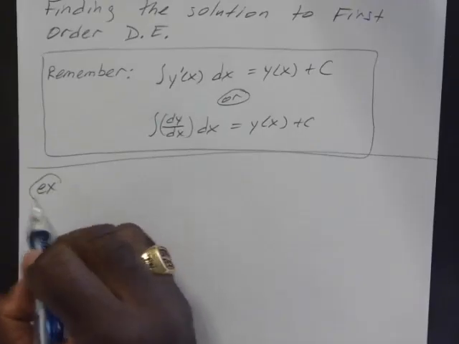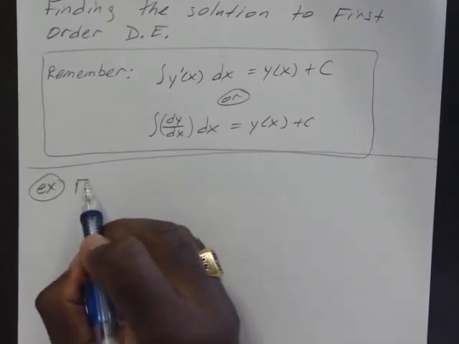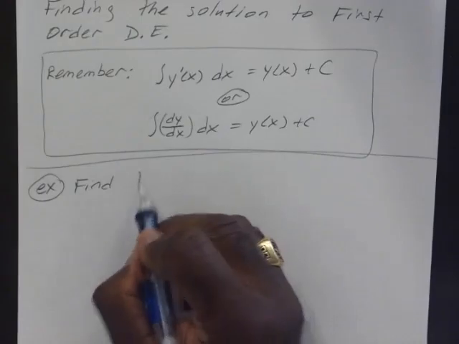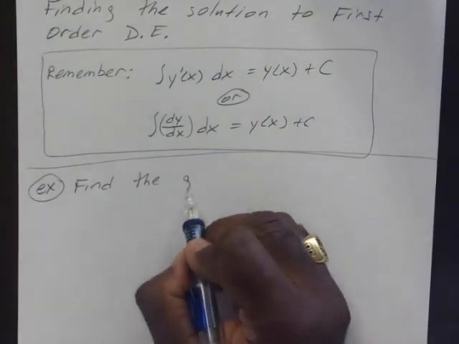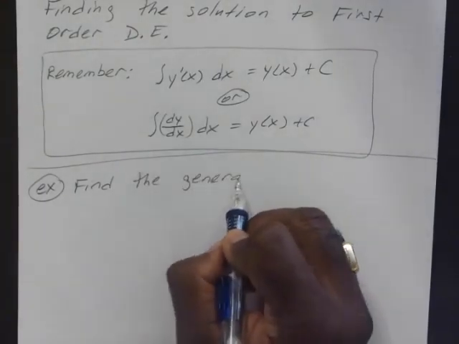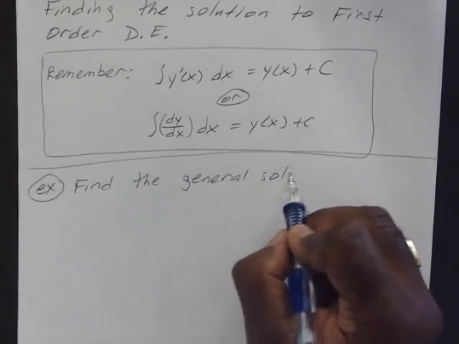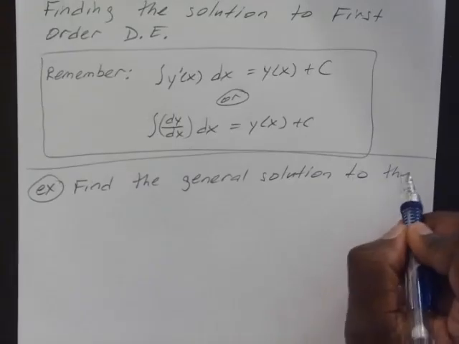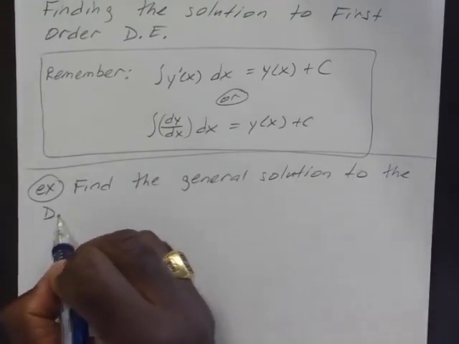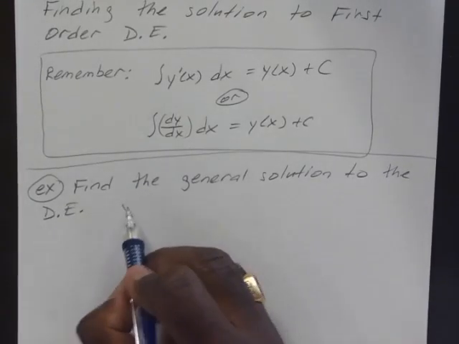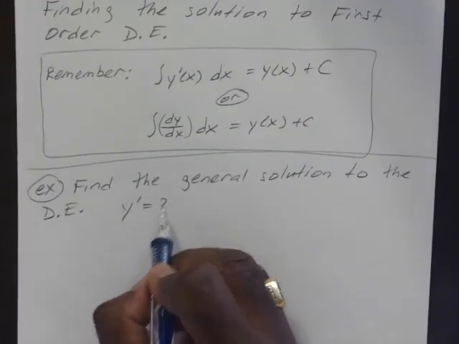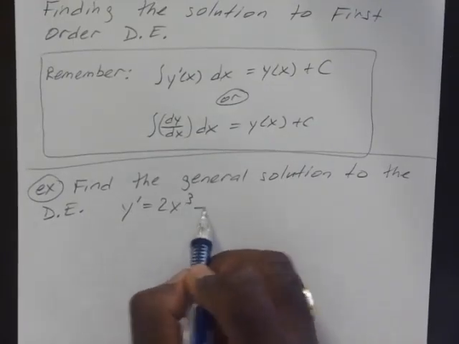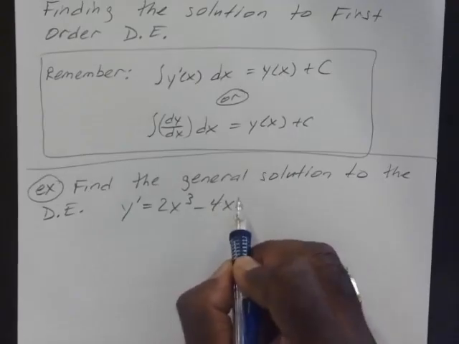Okay, so let's say, for example, we wanted to find the general solution to the differential equation y prime is equal to 2x to the third power minus 4x squared.